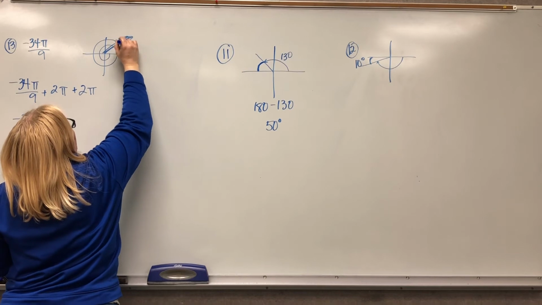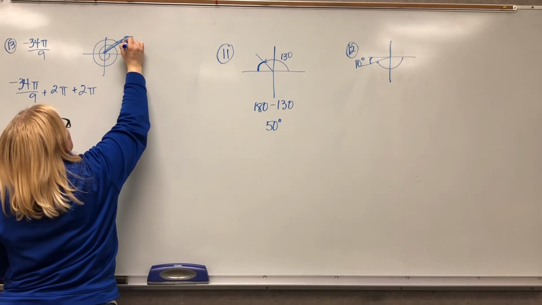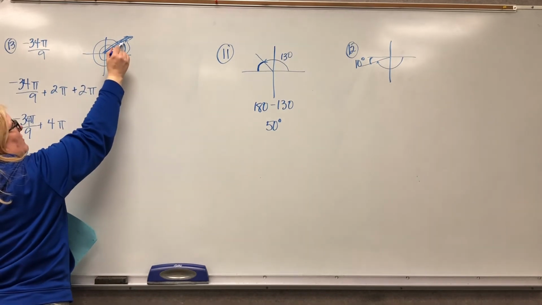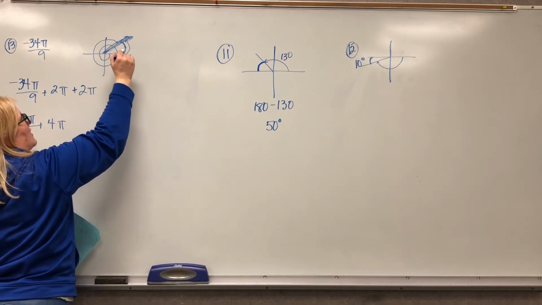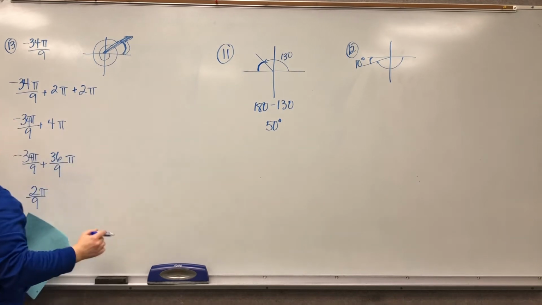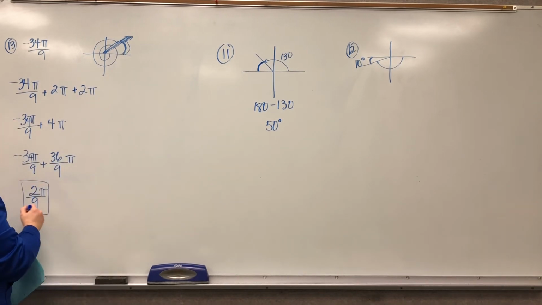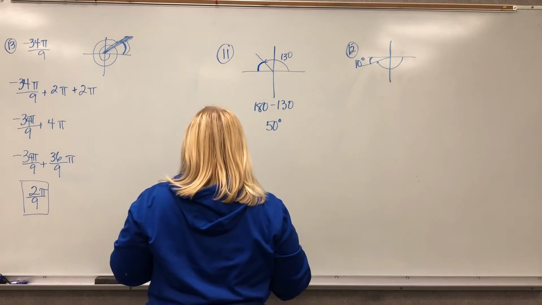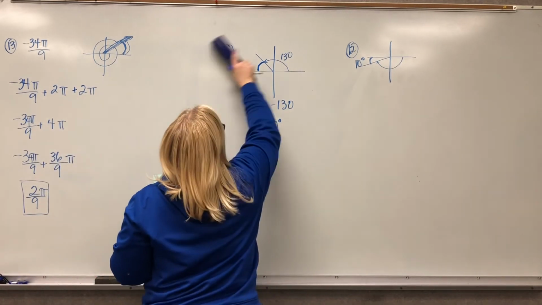And my reference angle actually goes up to 2 pi over 9. So whatever your coterminal angle is right here, your reference angle is going to be that. So this is 2 pi over 9.